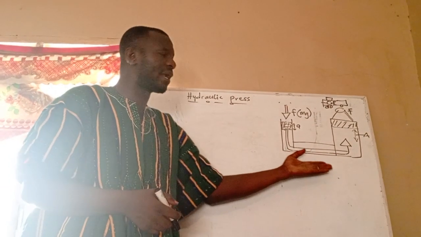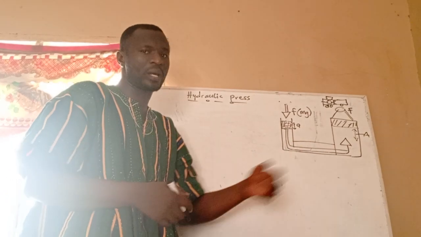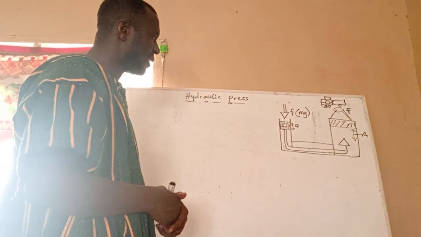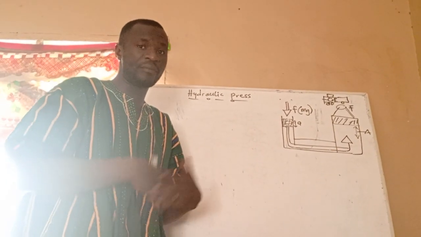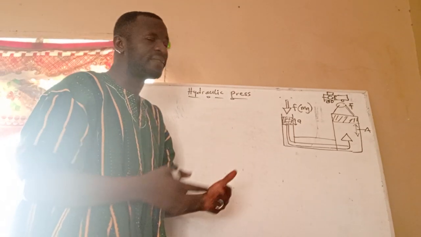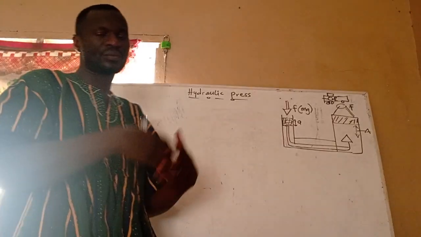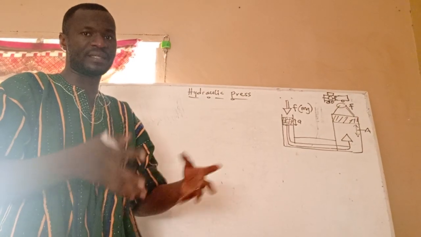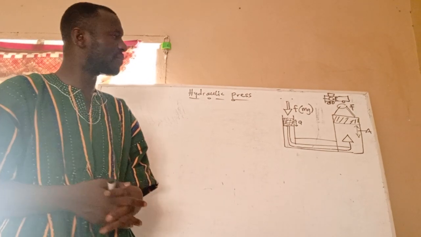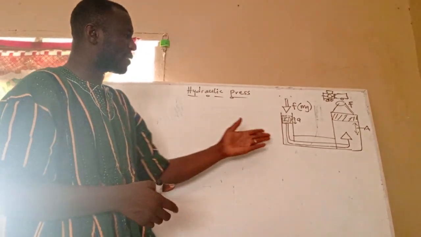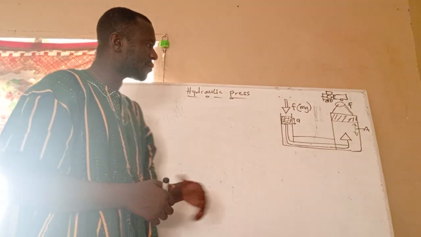We can use this diagram to represent how a hydraulic press works. When a car breaks down and we want to lift it to a fitting shop or a magazine to be serviced, this is how the hydraulic press works.